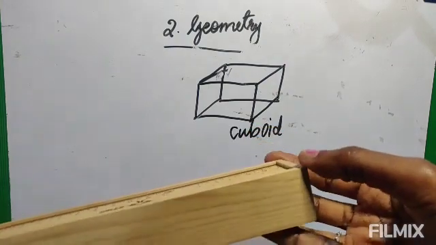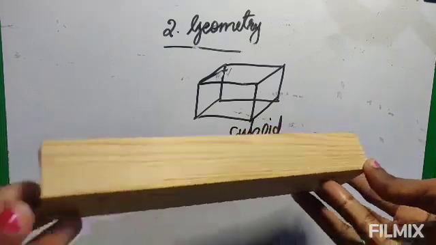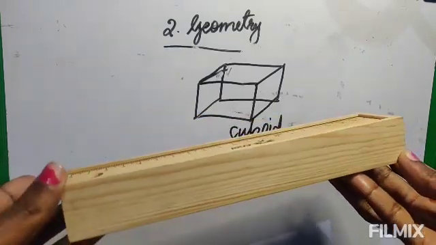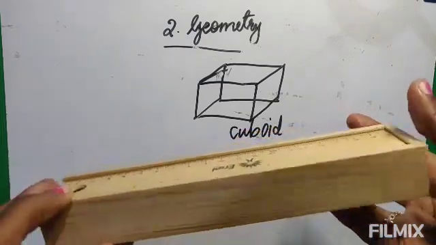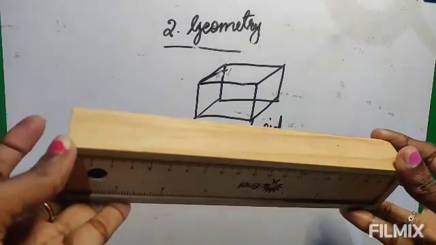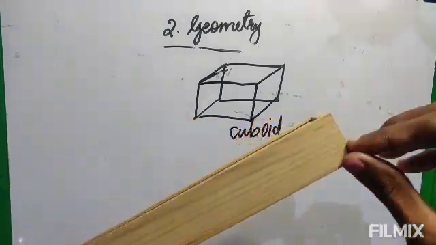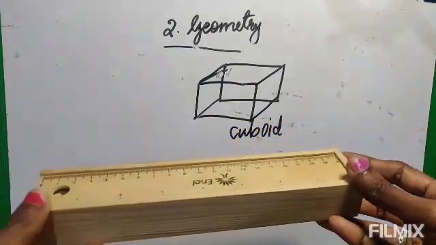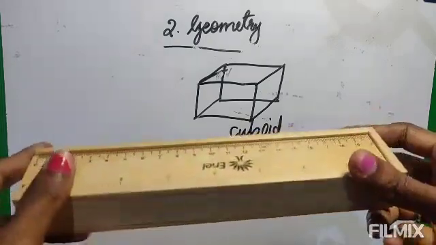If you see here, this is one corner, this is one corner, here is one corner, here is one corner. So on the front side itself you have 4 corners. The same way the back side will also have 4 corners. But sideways these corners are already counted, so there are no new corners sideways. So front 4 and back side 4, total you will have 8 corners.